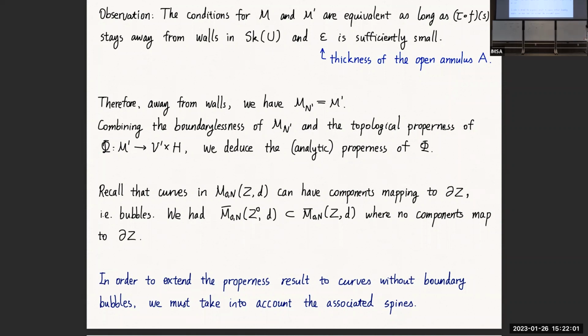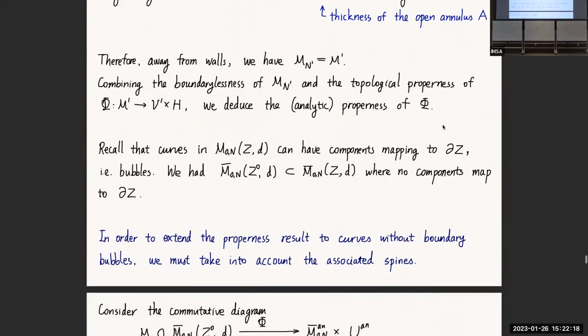Here it's the same thing we have to worry about. And in order to eliminate these bubbles, we must now take into account the associated skeletons or the associated tropical curves of these non-Archimedean curves.